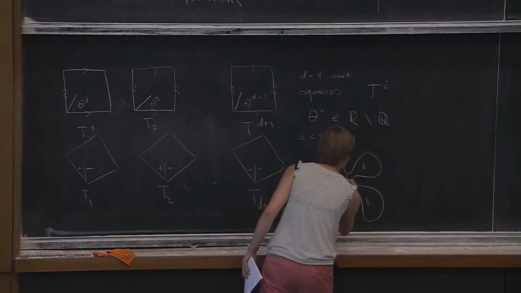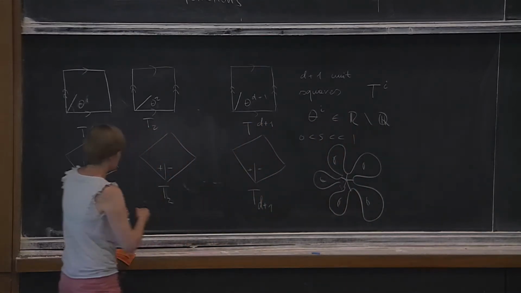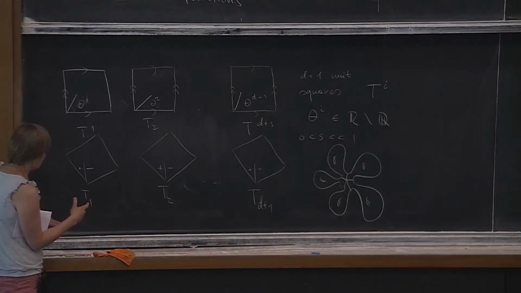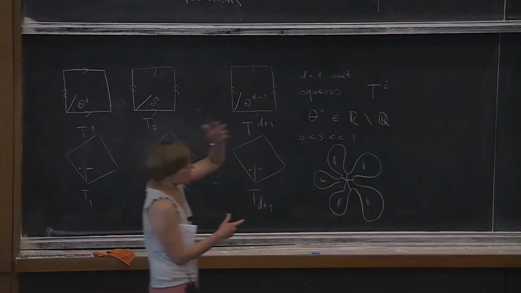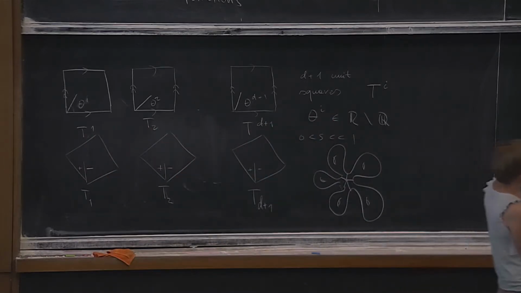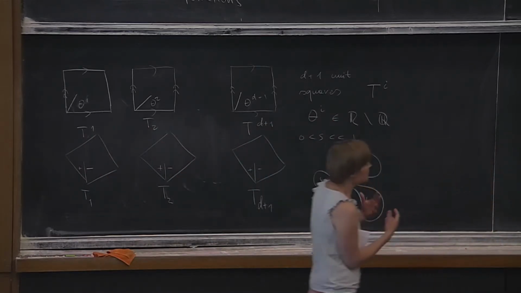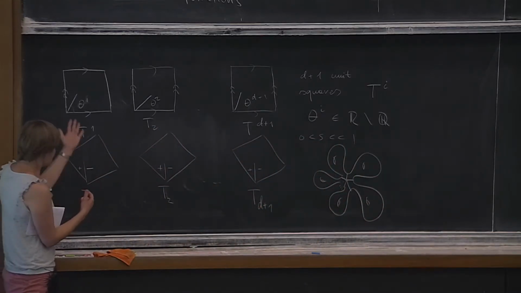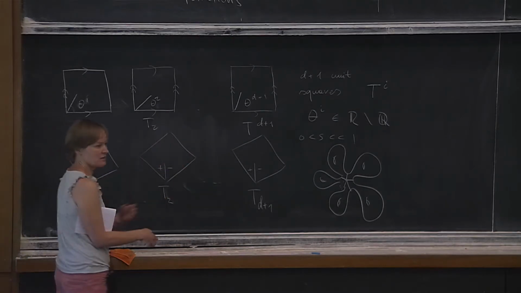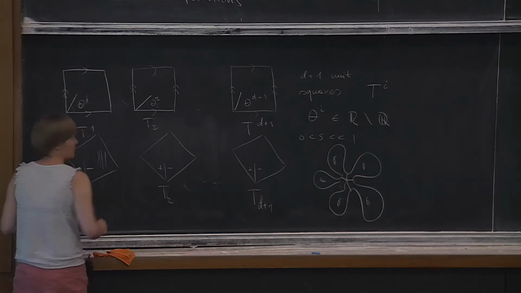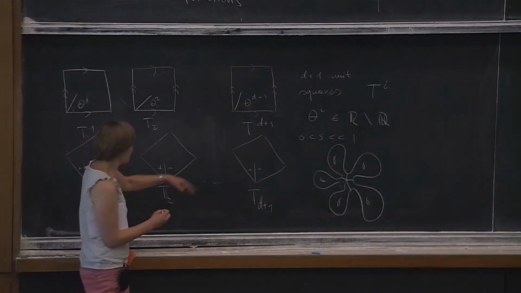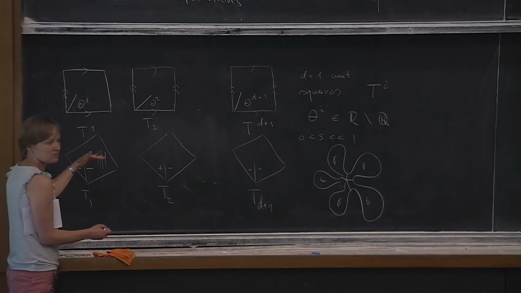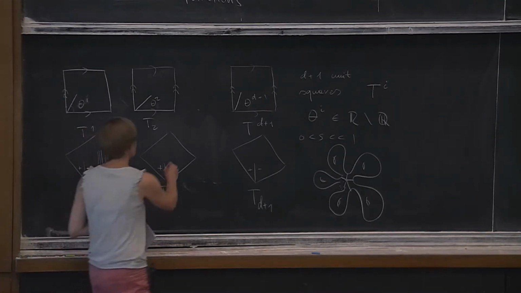So what you also get is, like I said, the Teichmuller array is defined by a vertical foliation, by a measured foliation. The measured foliation is the vertical foliation that you see here, and the measure is just dx.